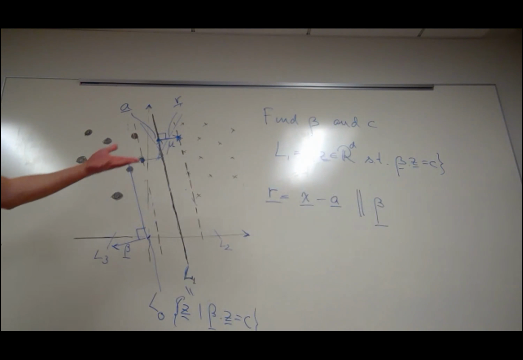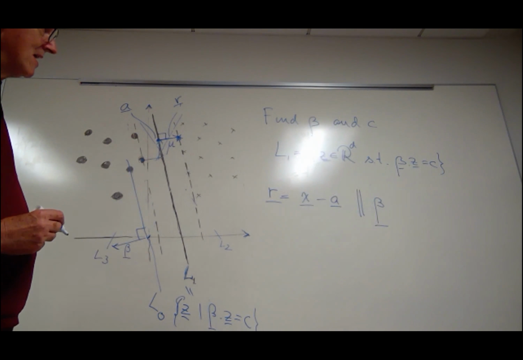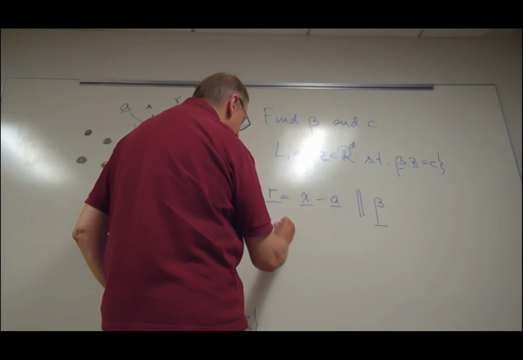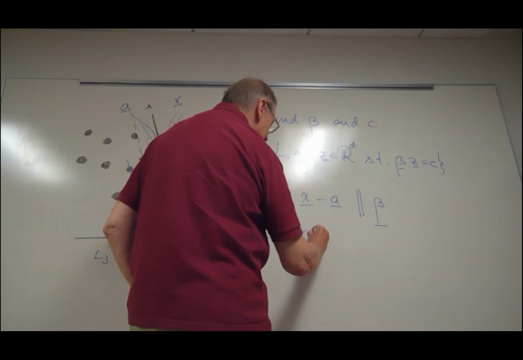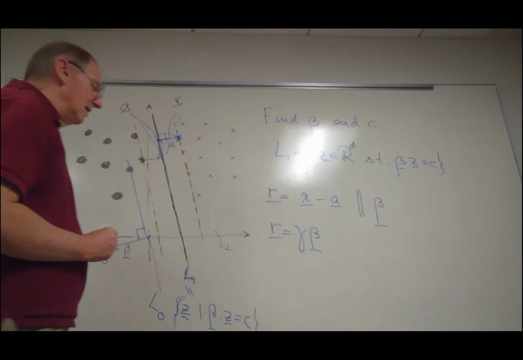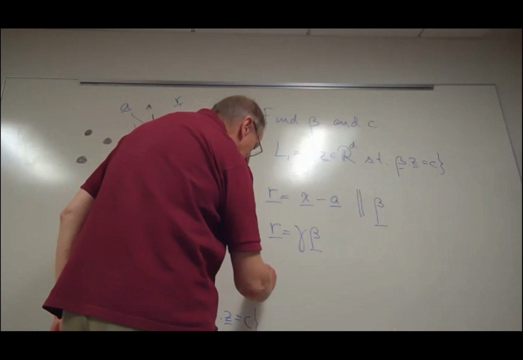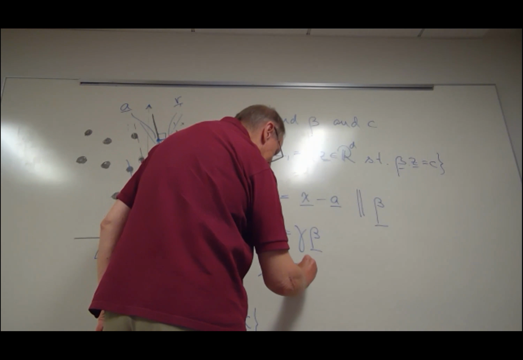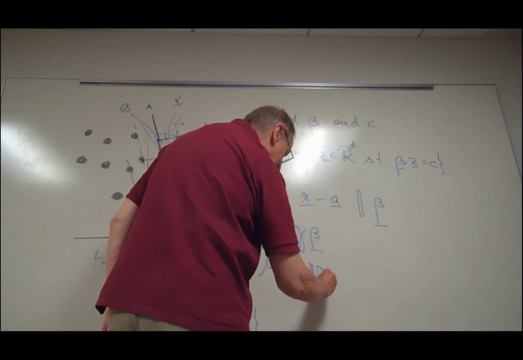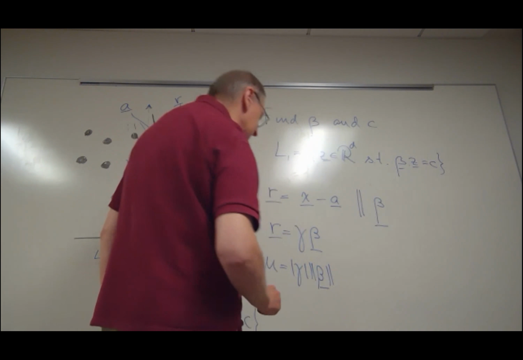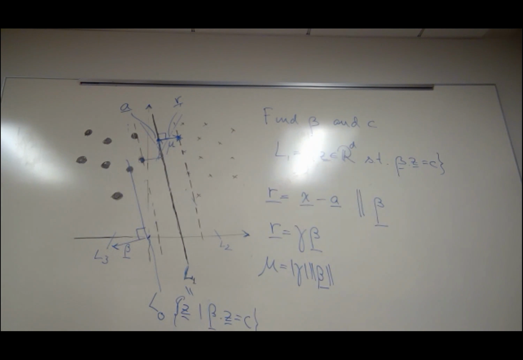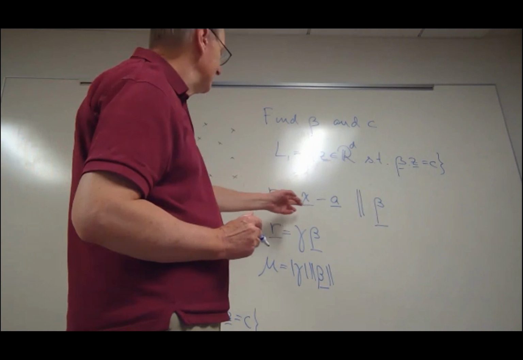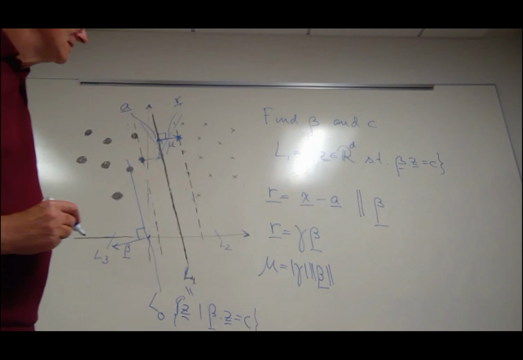Because they're both perpendicular to the same hyperplane, in R2 the same line, this means that r is a multiple of beta. And so mu, the length of r, is just the absolute value of gamma times the length of beta. So r was x minus a.